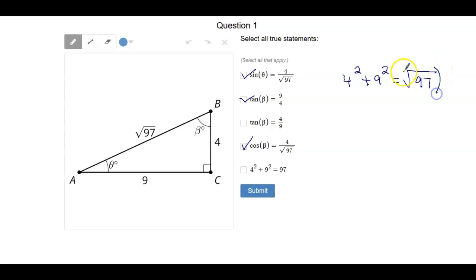So what they did is they just took this one little step farther. And so when you have a square root being squared, those are inverses of each other. And so what we would have is 4 squared plus 9 squared is equal to 97. That also is a true statement.